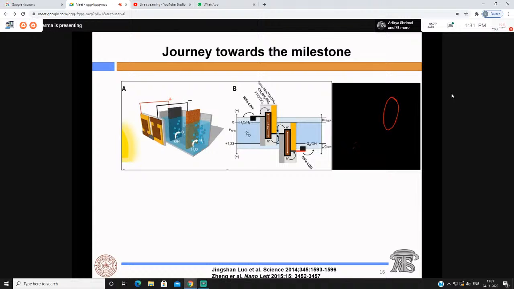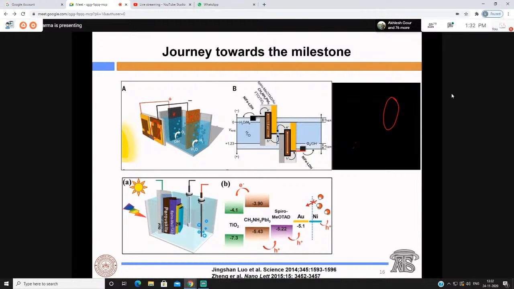Okay. However, with the advancement of research, the electrodes are being produced in a fashion so that the hydrogen or oxygen evolution material is directly deposited on the solar cell and that is completely dipped inside. For example, in this case, the electrode is prepared like a conductive electrode over which a perovskite solar cell is there, over which an oxygen evolution or a hydrogen evolution catalyst is there, and that's how it's being utilized for the solar energy conversion into hydrogen or oxygen evolution reaction.